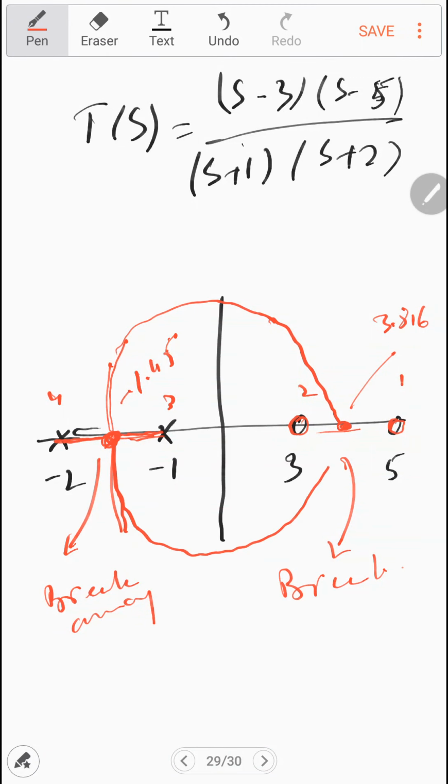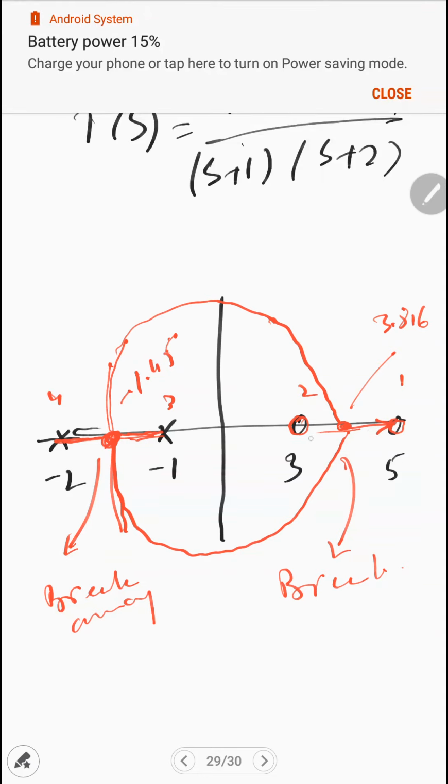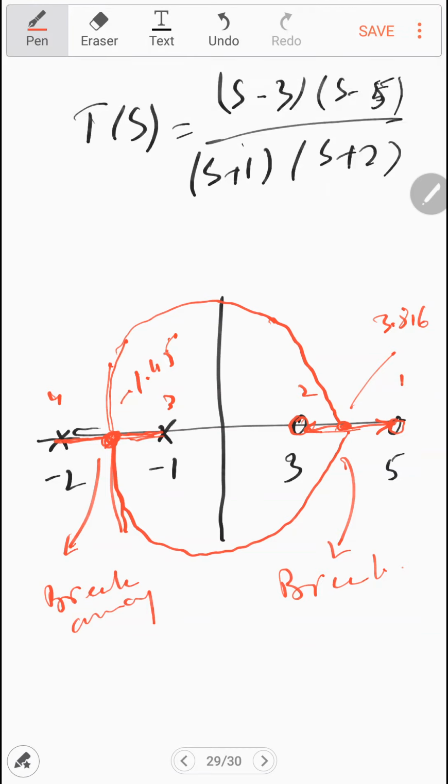Similarly, this will be symmetrical: go into the complex plane and come back to the real axis. And when it comes to the real axis, one branch will go toward this zero, and another will go to the other zero.